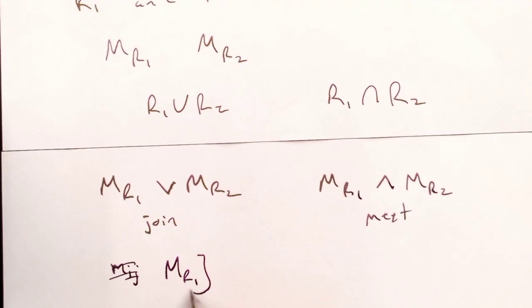Matrix 1 ij or matrix 2 ij. 1 or 1 is 1, right? 1 or 0... We're going to do Boolean arithmetic, just like it was trues and falses. And I replace this with an and to do the meet.